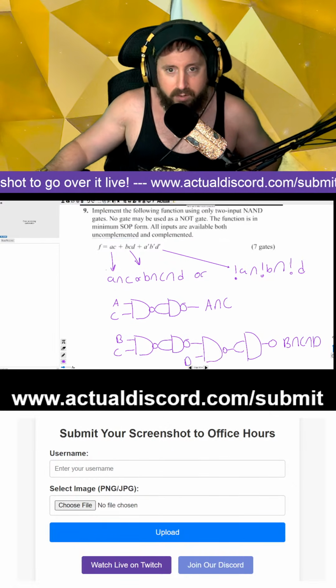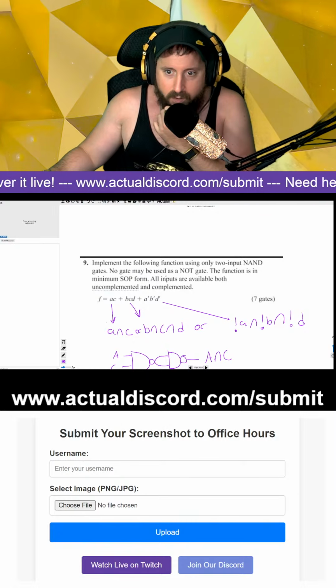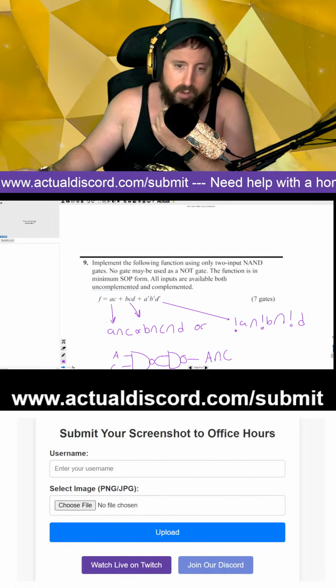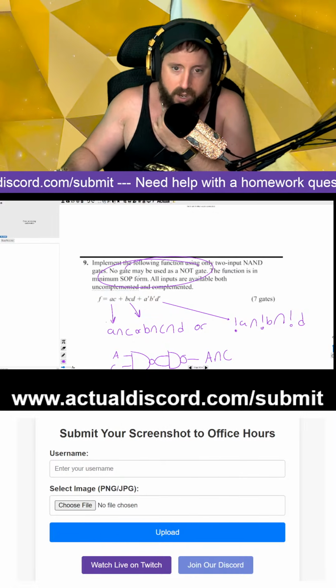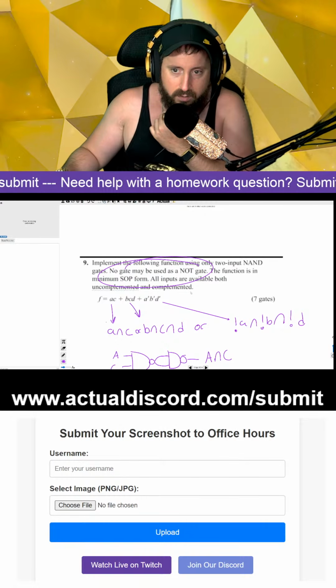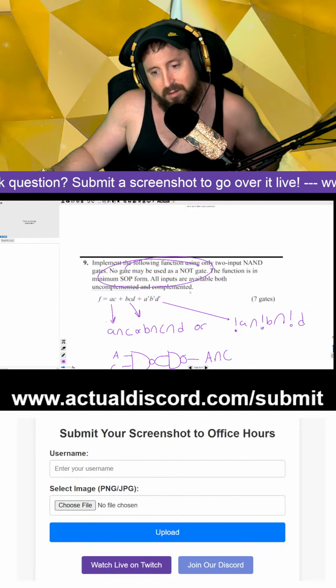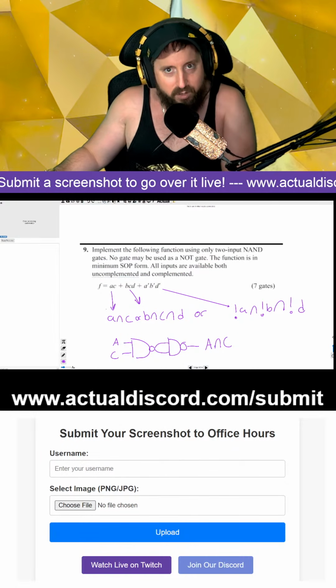Sorry, wait. Oh, I'm not allowed to? Sorry, wait. All inputs associate no. It says no gate may be used as a not gate. Oh, does that mean I'm not allowed to use the same input?